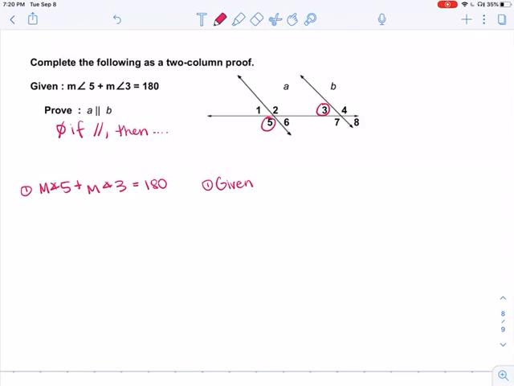So let's run with that. I'm going to use, in this case, 7. There are multiple ways and multiple sets that you could grab, but I'm going to start out with that. The measure of angle 3 plus the measure of angle 7 is equal to 180, and that is because they are a linear pair.